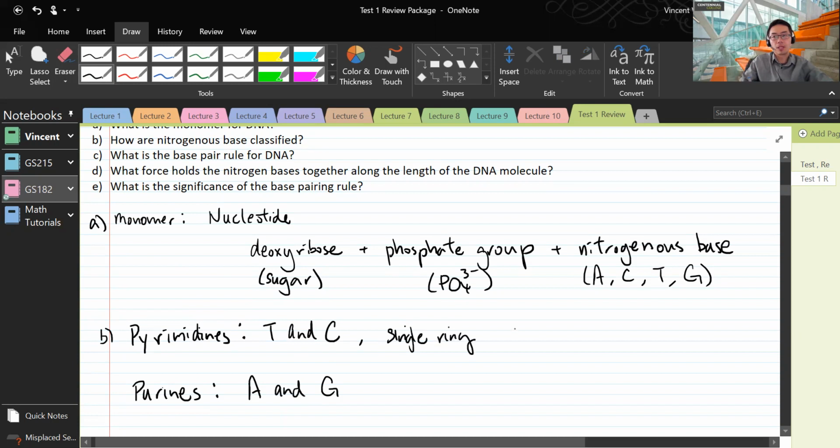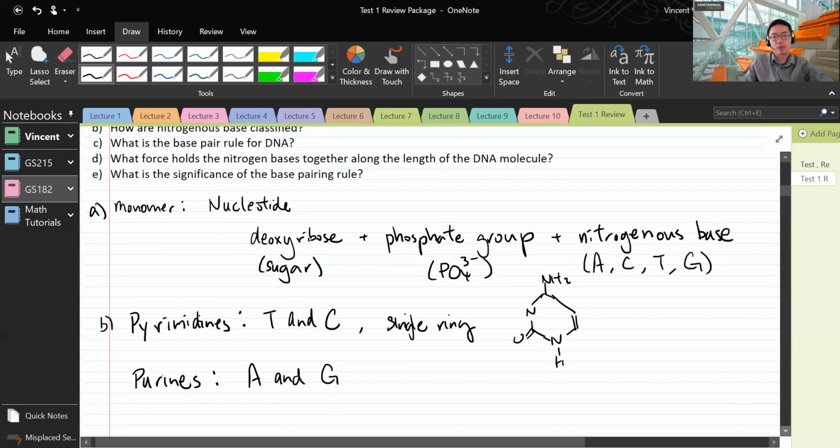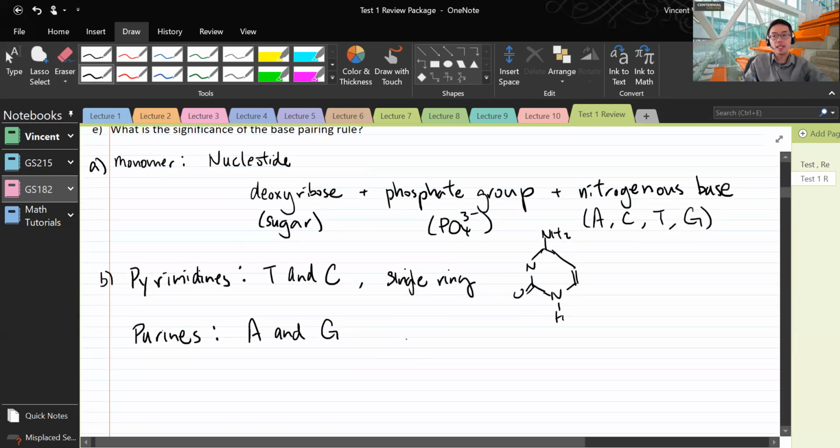Okay, 1 ring structure. I'm just going to draw it out for you so you can visualize it. So there's a single ring in the structure, whereas purines are going to have a double ring in their structure.